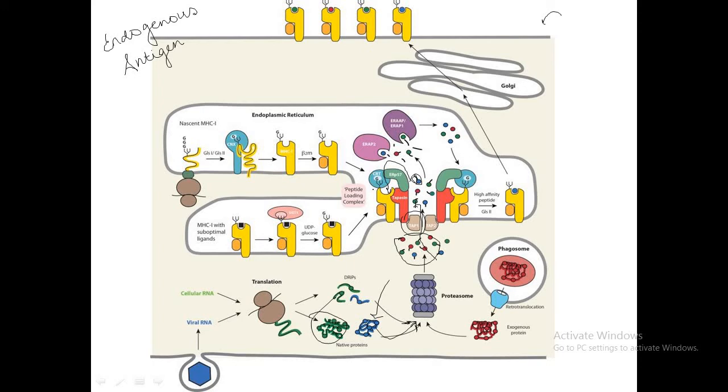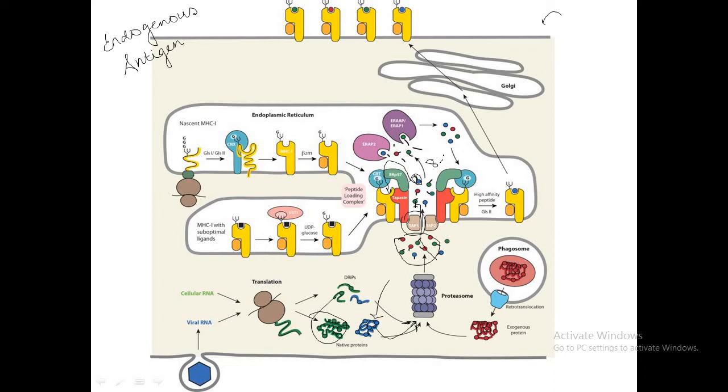Once this viral protein enters the endoplasmic reticulum via this TAP1 protein, it depends on their size, whether the size is about 8 to 10 amino acids or more.